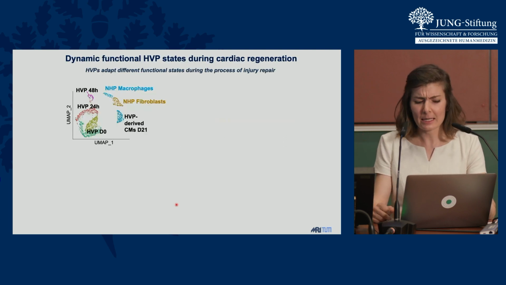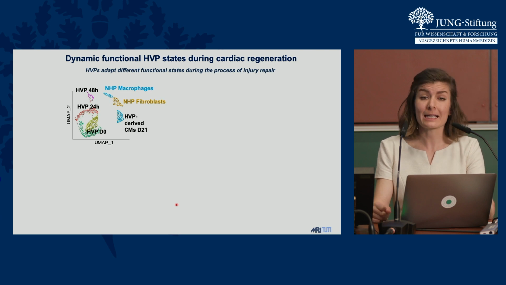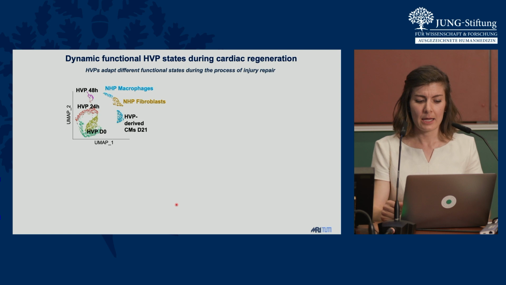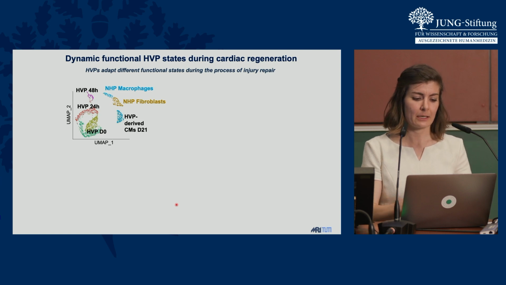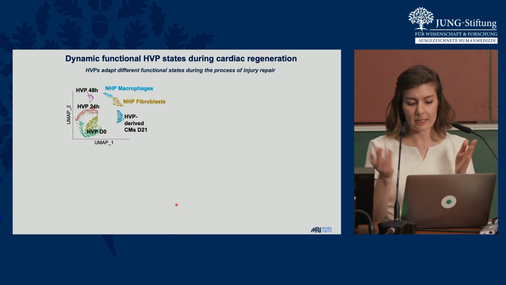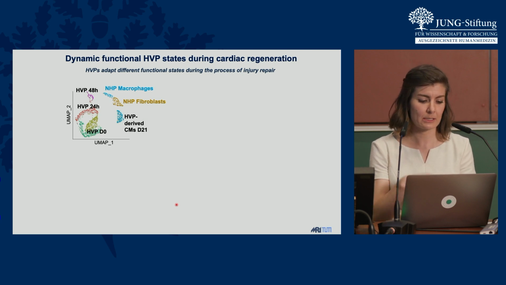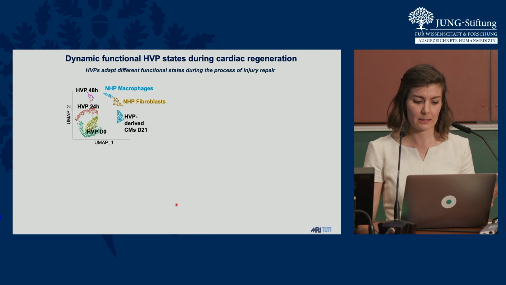But to test this hypothesis, we needed to perform single-cell transcriptomic analysis of these slices, which we did by analyzing these patches at different time points after the injury. So at day 1, day 2, and later time points.